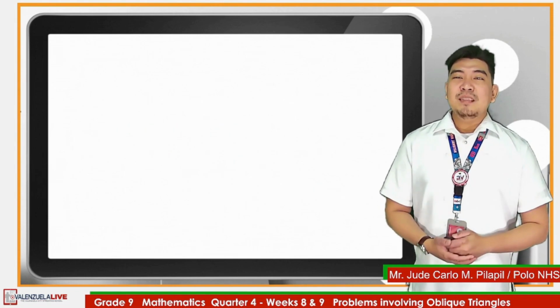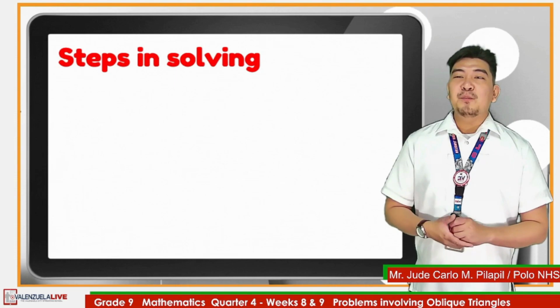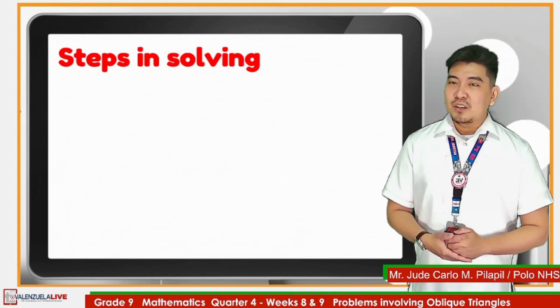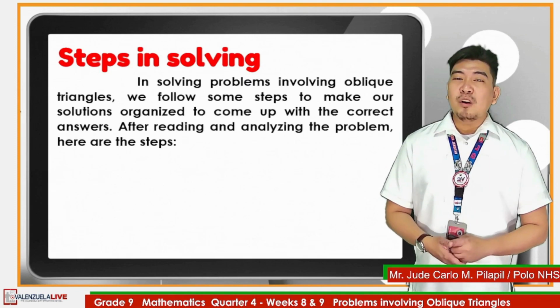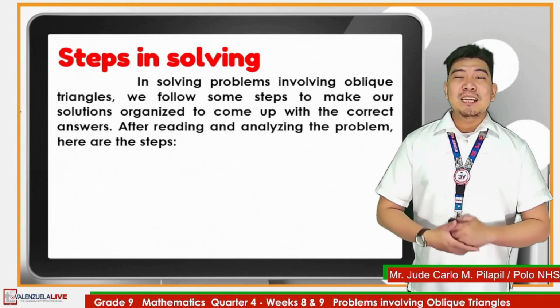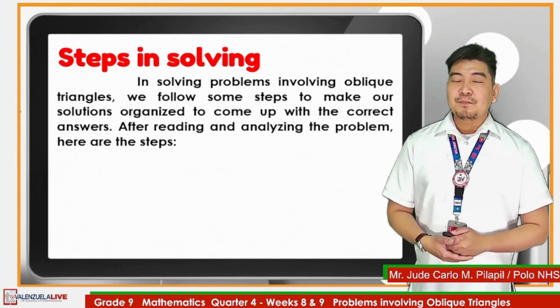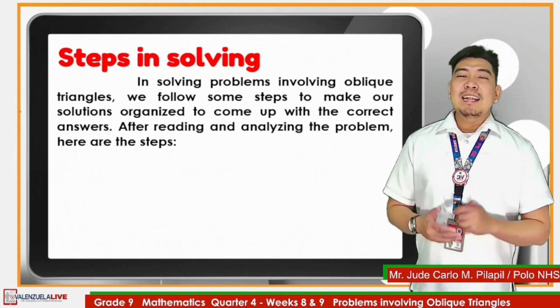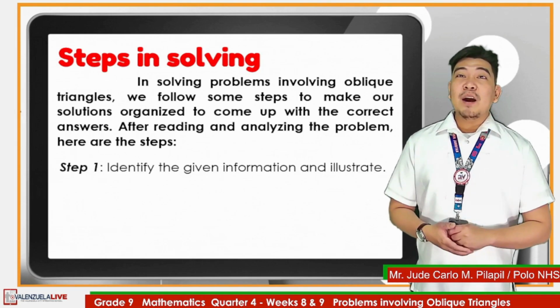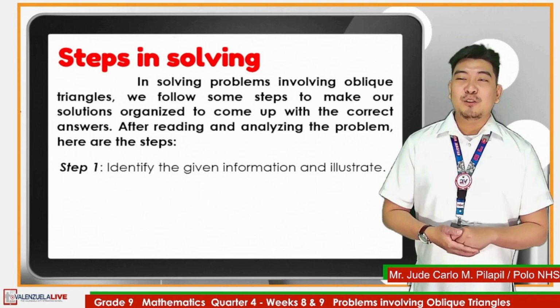Just like what we did and followed in solving word problems in the previous lessons, the same steps will be considered to make our solutions organized to come up with the correct answers, especially in dealing with oblique triangles. So after reading and analyzing the problem, step number 1, we need to identify the given information and illustrate.